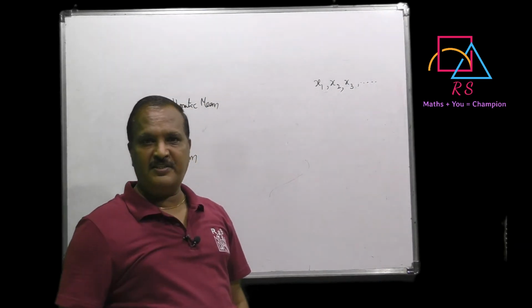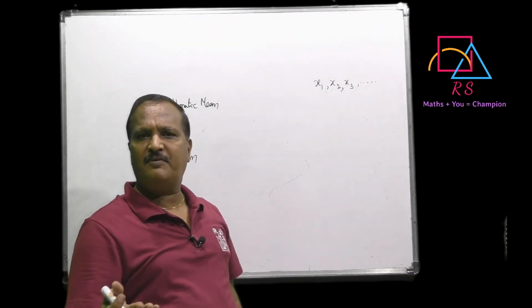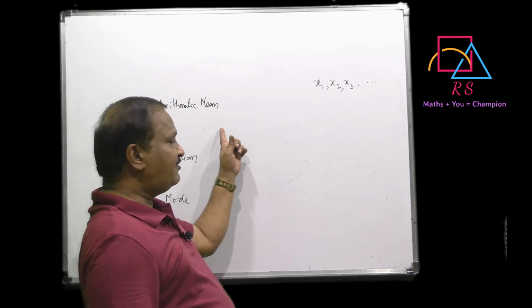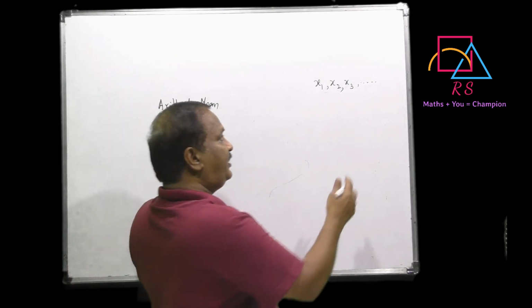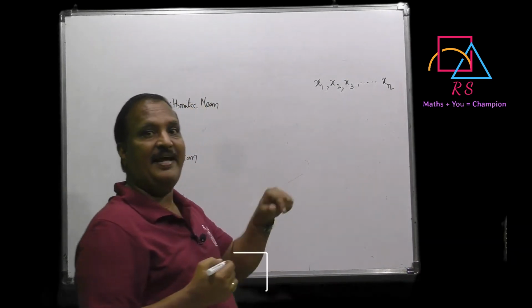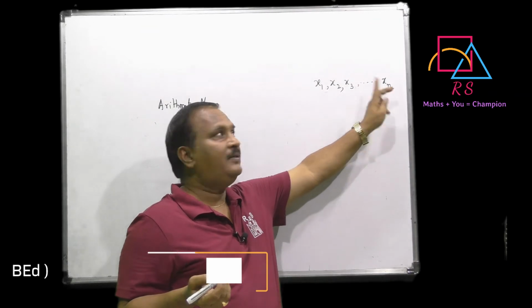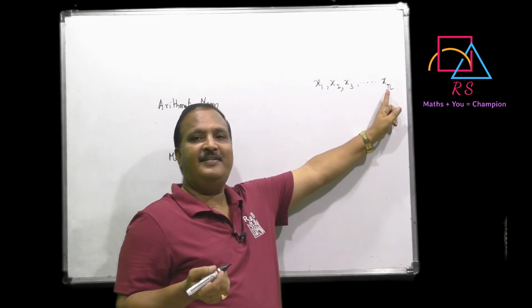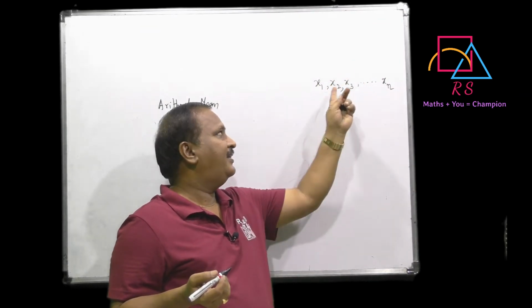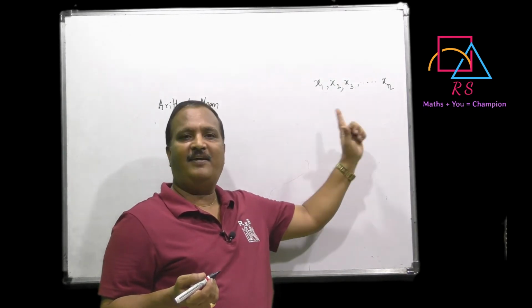How many observations are there? We don't know. There may be 10, there may be 50. But to have the formula, we need to have n, x to the power of n, xn. n can be 10. If n is equal to 10, then there are 10 observations. If n is equal to 2, then there are 2 observations. If n is equal to 100, there are 100 observations.